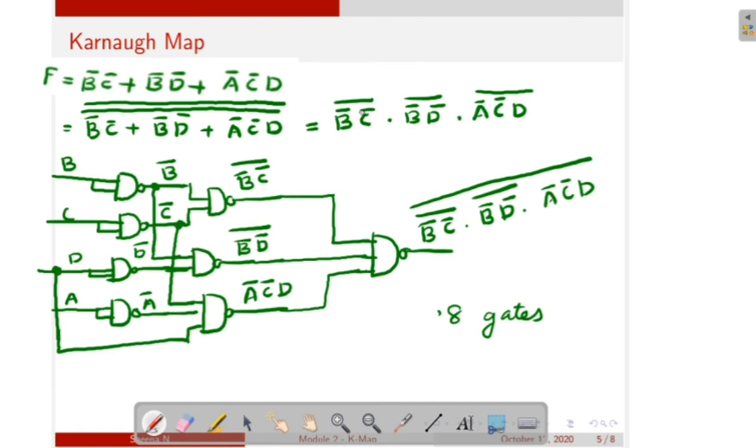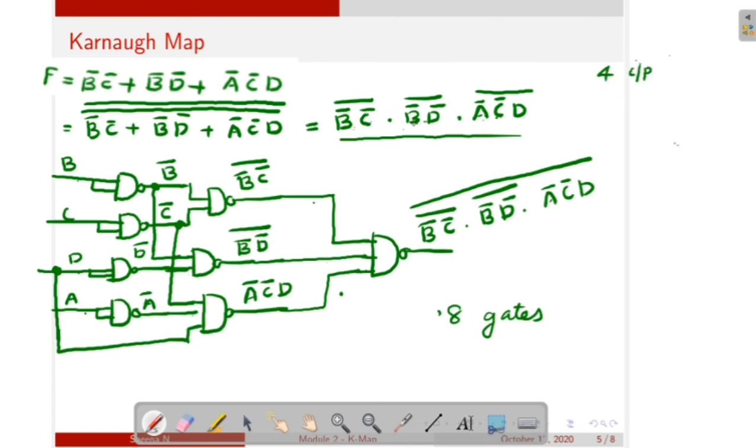But in some cases an SOP or POS expression may be implemented using minimal logic. To find out the real minimal logic, we have to count the number of inputs. In this SOP expression, here A, B, C, D inputs are inverted, so 4 inputs for the complementation.